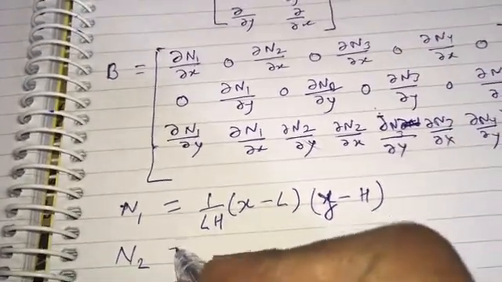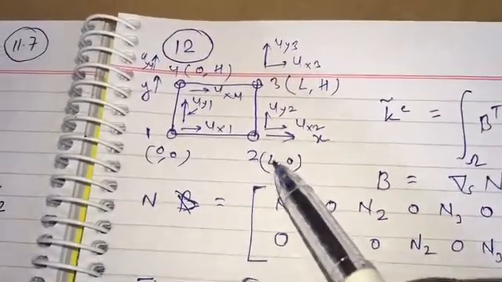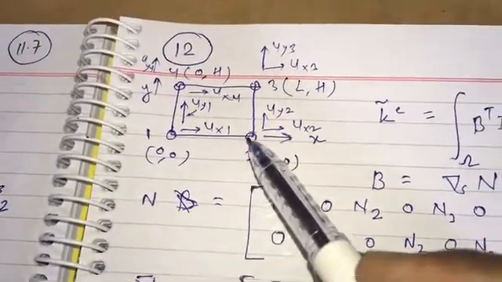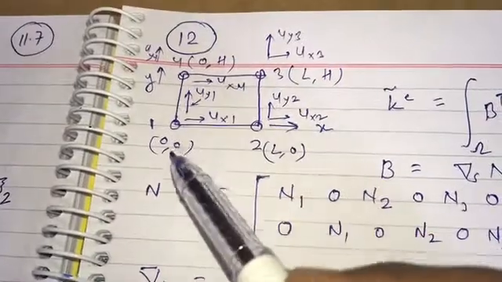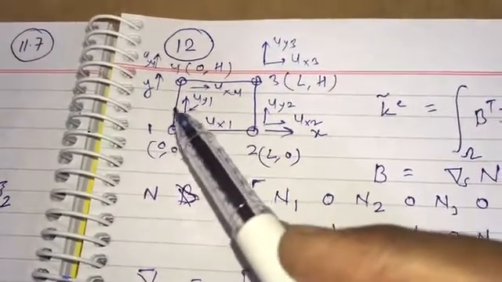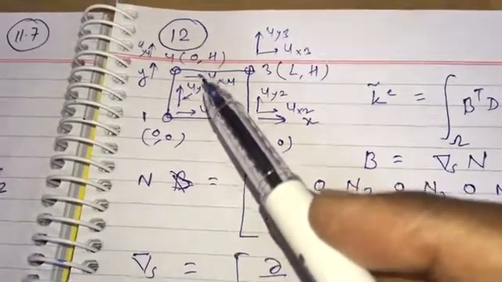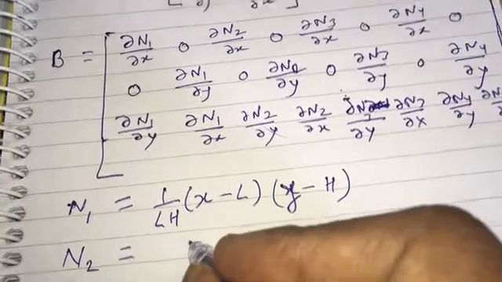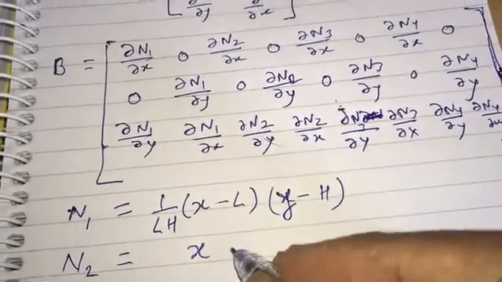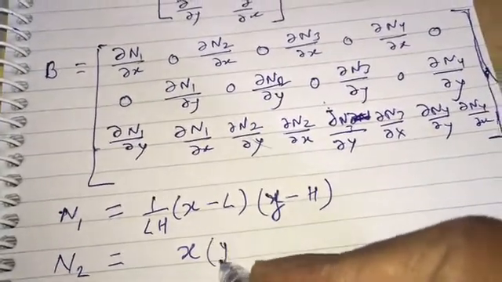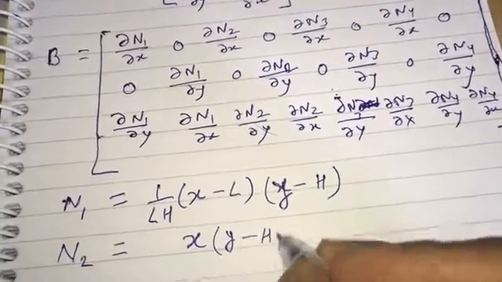Similarly, you get N2. Now for N2 you have two lines here, this and this, so it becomes x equal to L and y equal to h. So we write x minus 0 and y minus h will be there.